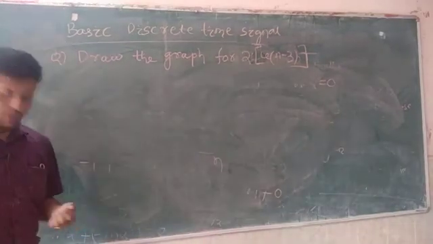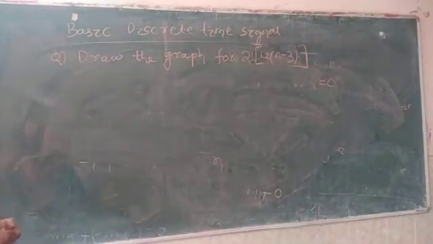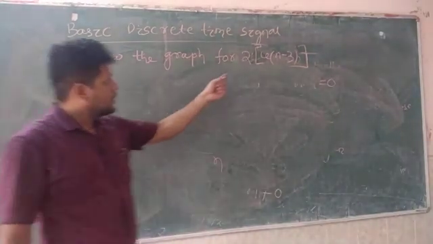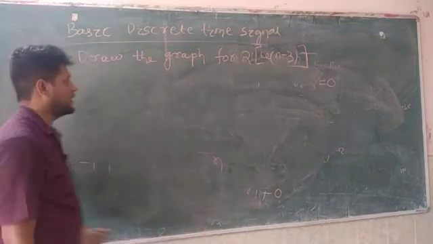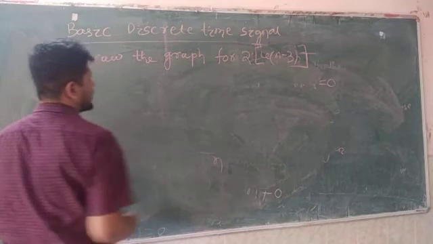Then I have to draw this. I have said that in the step sequence the coefficient represents the height. So first of all I have to define this.